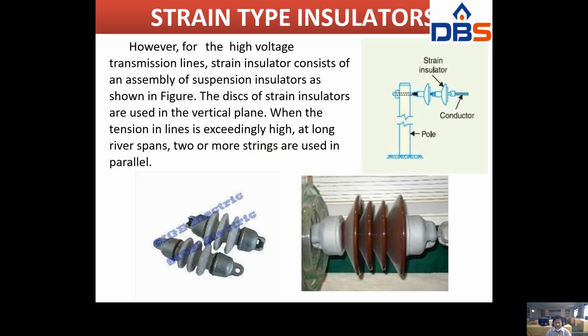However, for higher voltages, the strain insulators consist of an assembly of suspension insulators as shown in the figure. Here, the strain insulators may be arranged in a vertical manner. When the tension in lines is extremely high at long river spans, two or more strings are used in parallel.